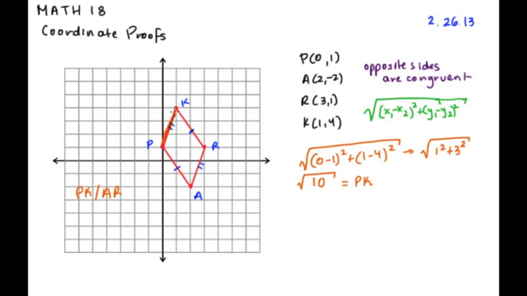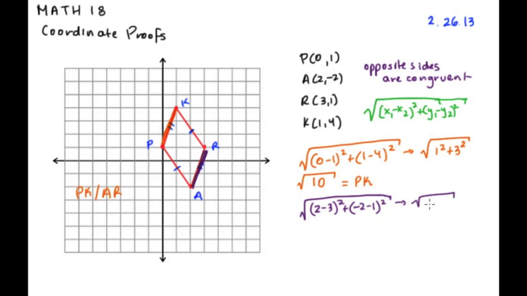This orange is that. And maybe we want to find AR now in purple right here. So let's do that in purple. AR, x value of A minus the x value of R squared plus the y value of A minus the y value of R squared.